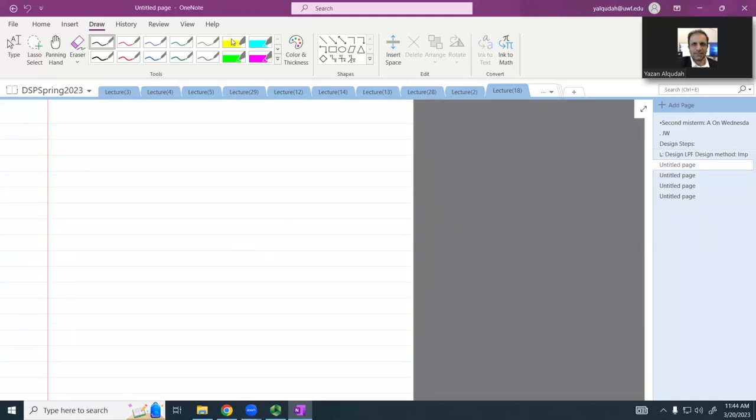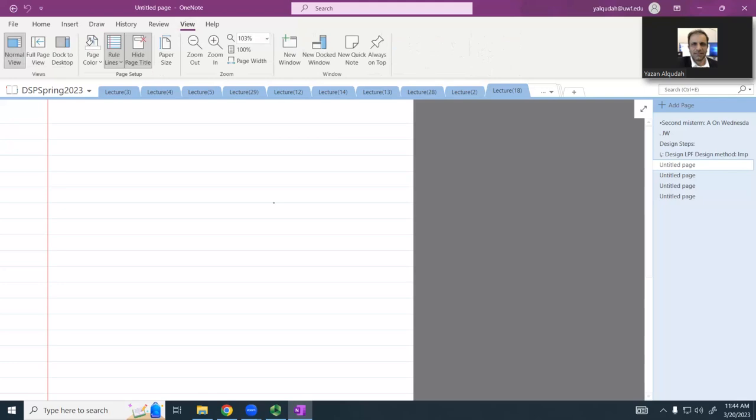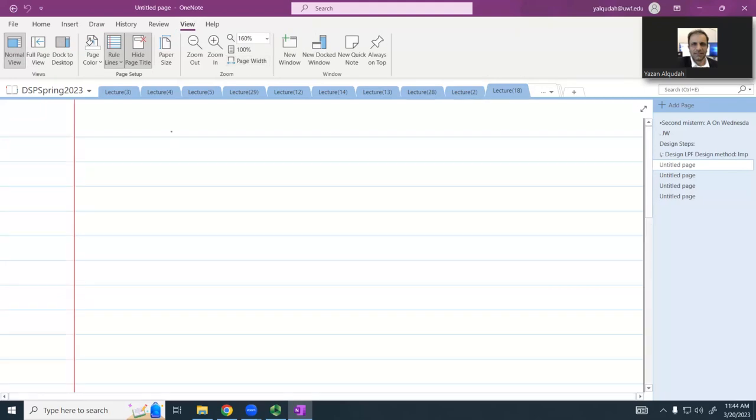So therefore, I can write h of z, and h of z is going to equal 0.65 multiplied by z divided by z squared minus 0.5186 multiplied by z plus 0.1691.